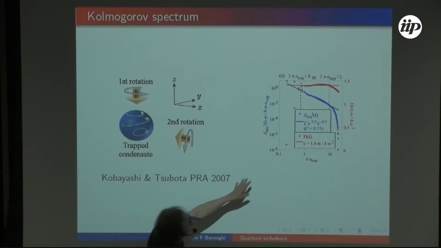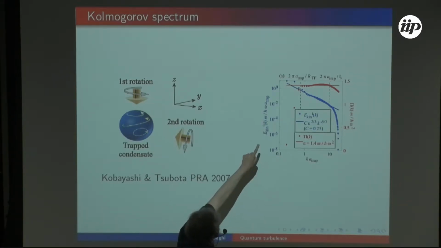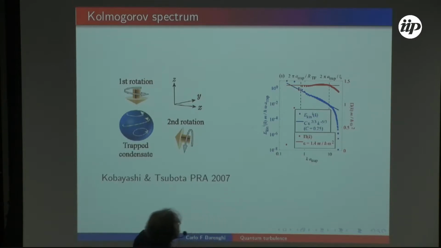And again, because of the large-scale forcing, the rotation of the entire system, you see the Kolmogorov spectrum appearing in blue, the blue line with the right slope, in the correct expected range of wave numbers. The line is simply the compensated spectrum, so the spectrum has been multiplied times k to the plus 5/3. So the fact that the line is almost horizontal proves the point.